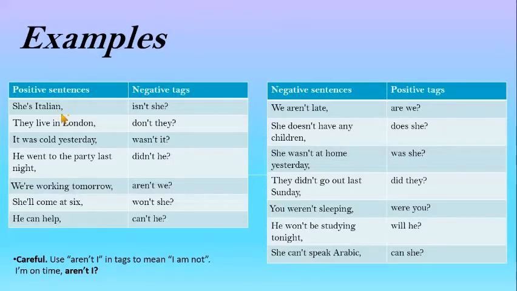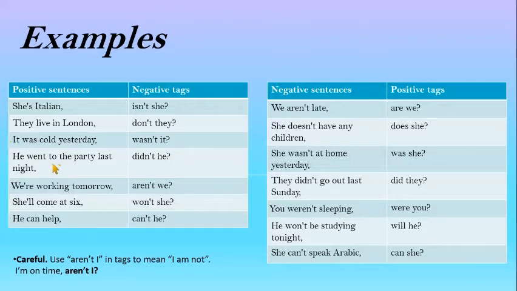For example, present with verb to be, past, present simple, past simple, future simple. We can use progressive. We can use perfect. Also, we can use modal verbs. But for this class, I'm going to focus mainly on simples and verb to be, and maybe some modal verbs.